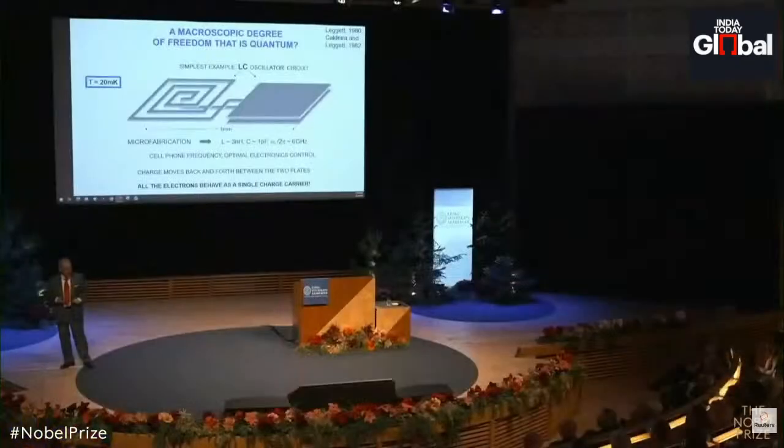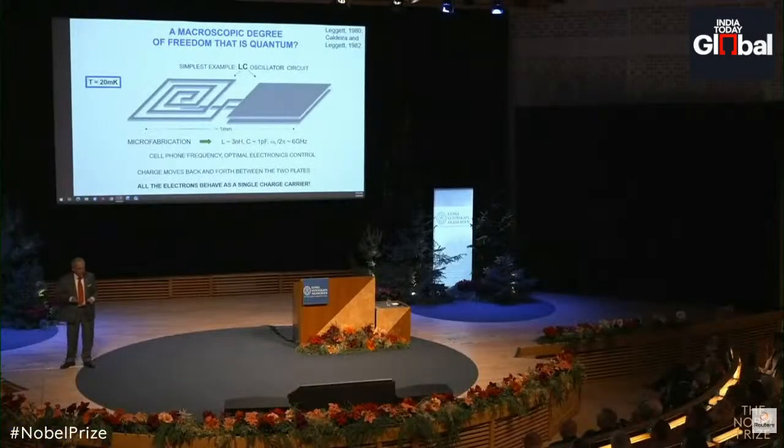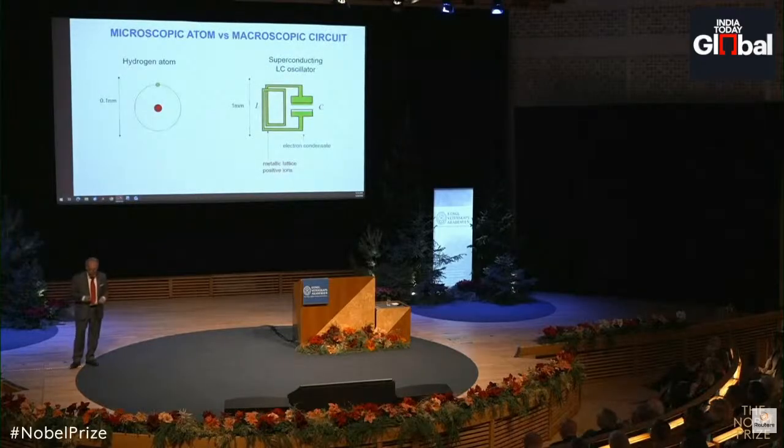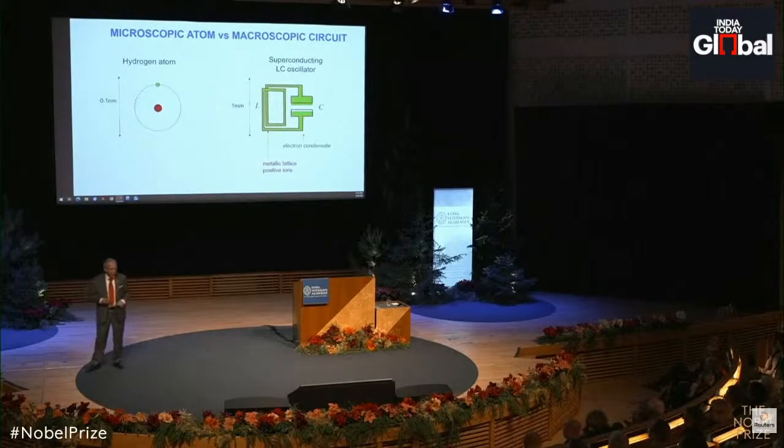To understand this idea of macroscopicness of the circuit, it's good to compare it to an atom. So I'm going to take a very simple atom, the hydrogen atom, and you have an electron which orbits around a proton there.